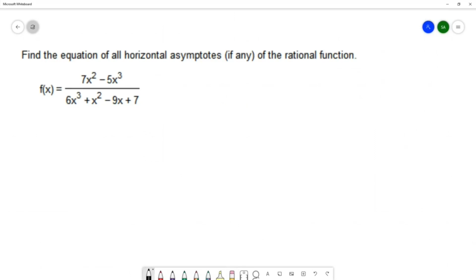So what we're going to do is identify the degree of the numerator, which is n, and the degree of the denominator, which is m, and we're going to compare those numbers to each other. And that's going to give us the 4 cases. So the first case involves n being smaller.